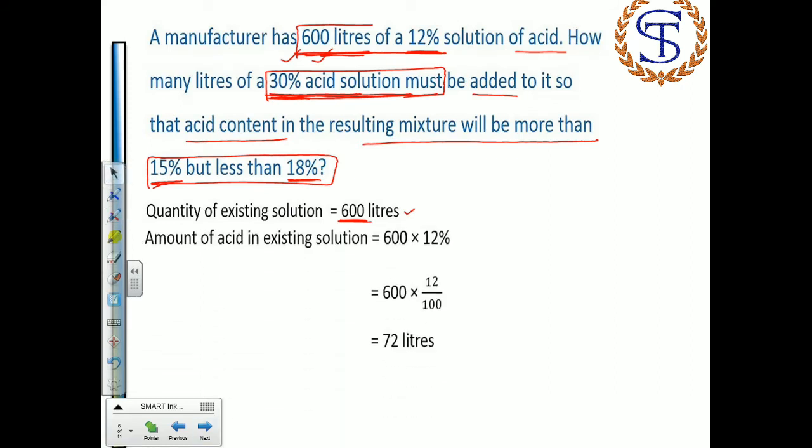In this 600 liters, it is given that only 12% is acid. So the amount of acid in the existing solution is 12% of 600, that is 12 upon 100 into 600, which is 72 liters. It means in this 600 liters, the acid content is only 72 liters and the rest of the solution is water.